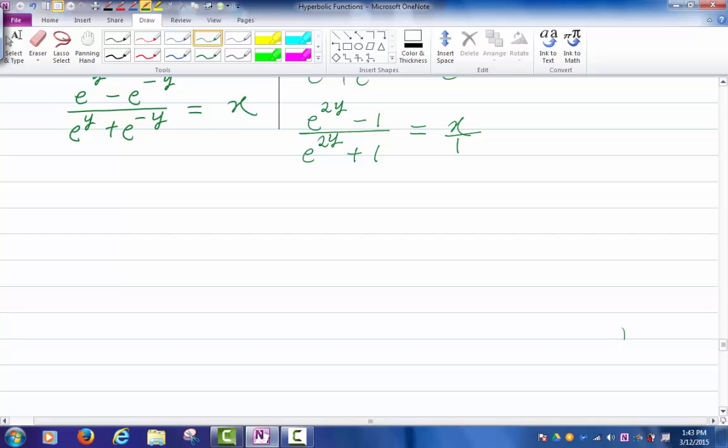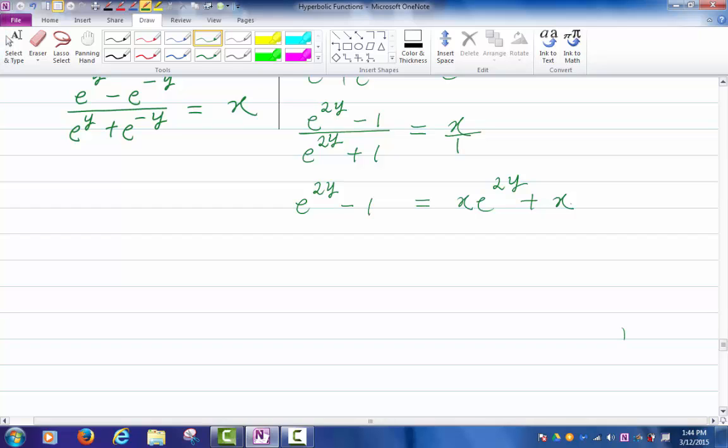So if I cross multiply, what am I getting? I'm getting e to the 2y minus 1, and I'm going to get x e to the 2y plus x. Am I correct? Cross multiplication. And then I want to solve for y, right?